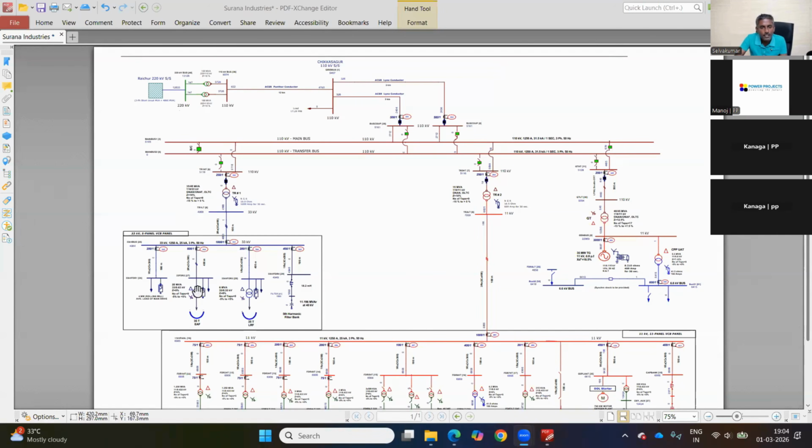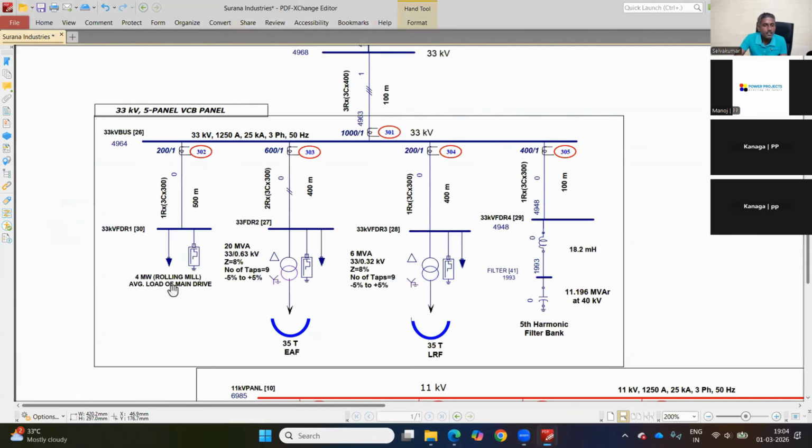A steel industry consists of a rolling mill main drive, electric arc furnace, and ladle refining furnace, which are considerable loads. A 20 MVA transformer for the electric arc furnace means at least a 10-15 MVA electric arc furnace load. A 6 MVA transformer for the ladle refining furnace means maybe 4 to 4.5 MVA loads, and a 4 megawatt rolling mill main drive, which means approximately 20 MVA, 6 MVA plus maybe 5 MVA, about 31 MVA.